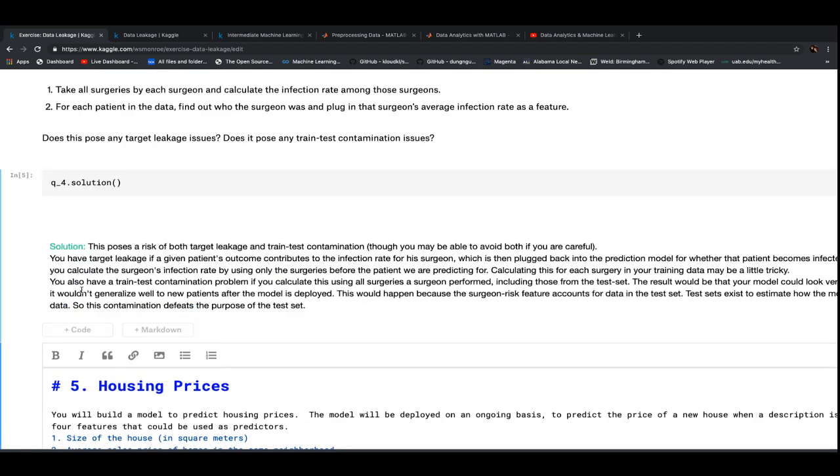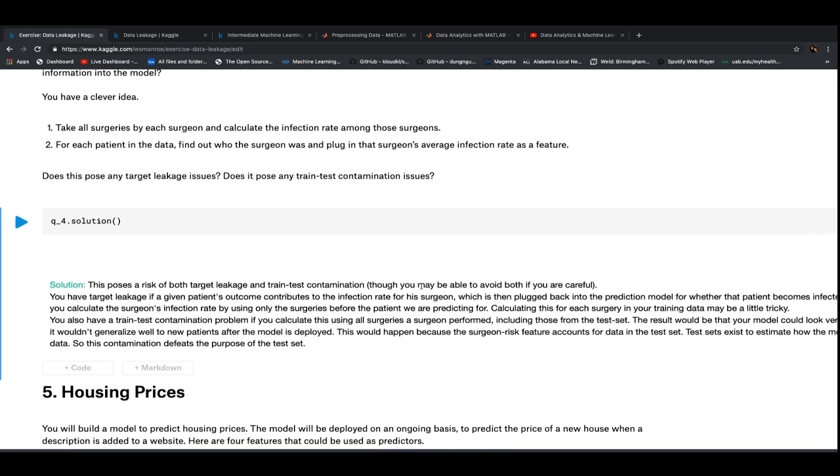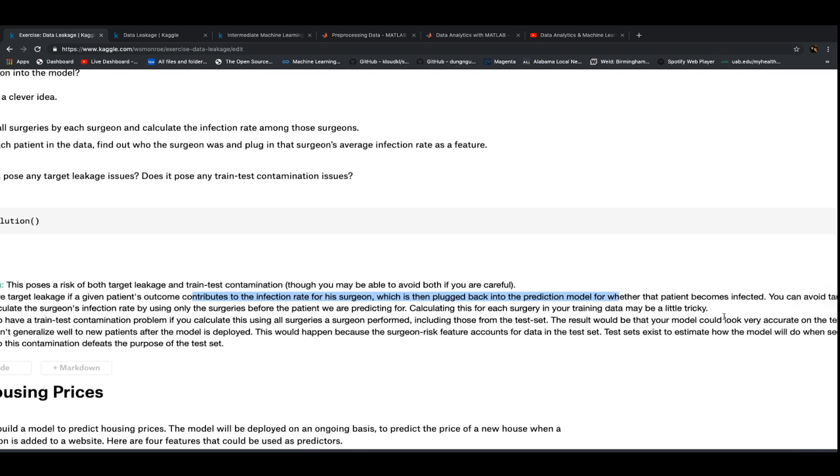All right. So this poses a risk of both, though you may be able to avoid both if you are careful. So this is what we were talking about. The surgeon may capture more data than is just there. So let's see what they say. You have target leakage if a given patient's outcome contributes to the infection rate for his surgeon, which is then plugged back into the prediction model for whether that patient becomes infected.